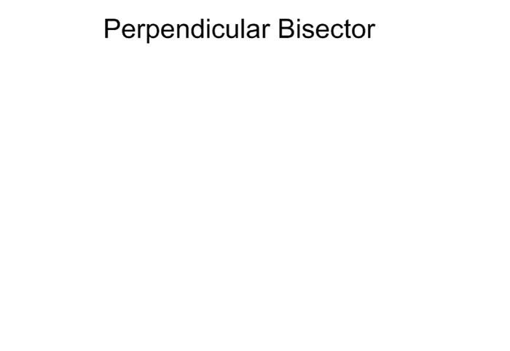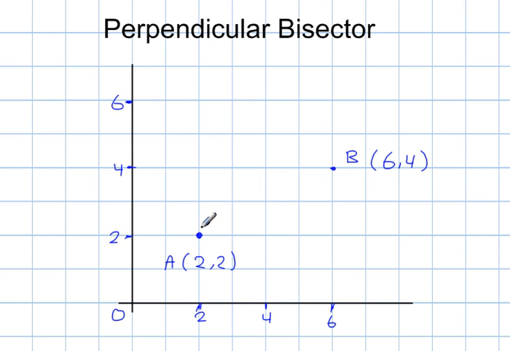Working out the perpendicular bisector. We have 2 points, A and B. The midpoint of the line segment that joins A and B is here.